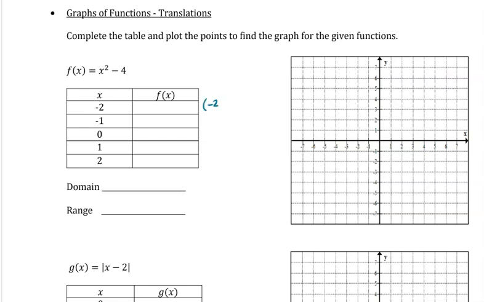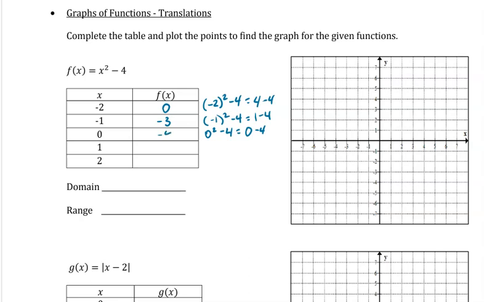So negative 2 squared minus 4, if we plug in negative 2, is going to be 4 minus 4, which is 0. Negative 1 squared minus 4 is 1 minus 4, which is negative 3. 0 squared minus 4, 0 squared is just a 0.